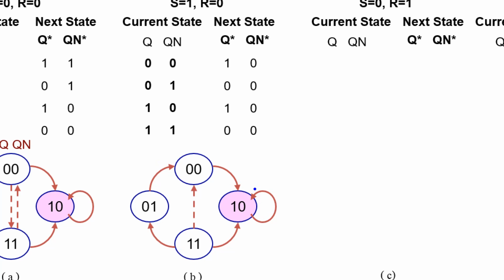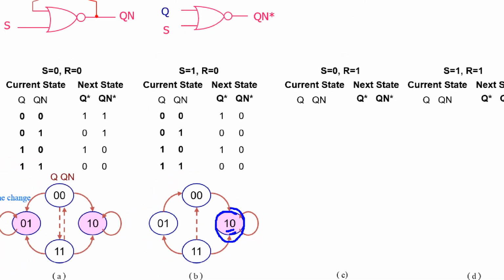So you can start from any state, but finally it will go to this 1, 0 state. So this one is monostable, right? Monostable. It has only one state that can be stable.